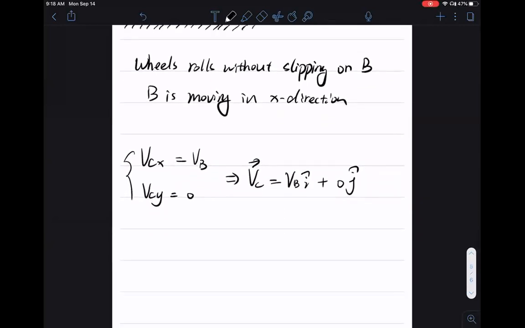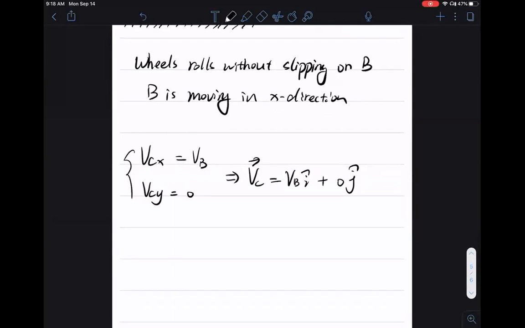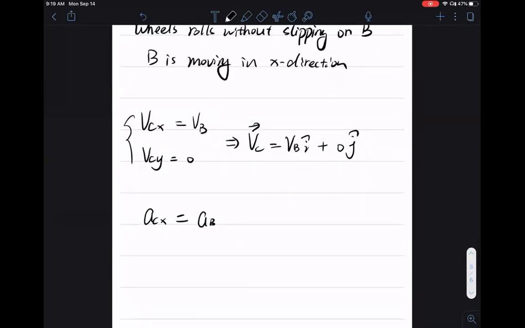We also know something about acceleration at point C. So ACX, the acceleration in the X direction, is the same value as AB, the acceleration of that block B. ACY equals question mark.